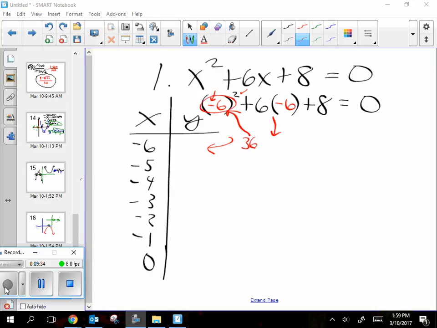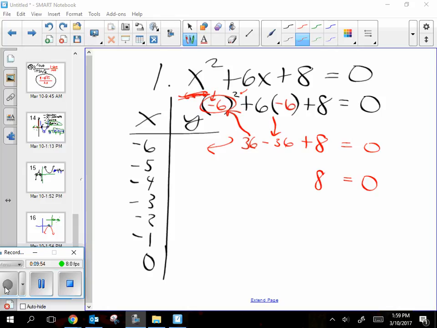This has got 2 because it's -6 times -6. So this one's positive 36, this one's negative 36. And then it says plus 8 equals 0. And 8 equals 0. What?